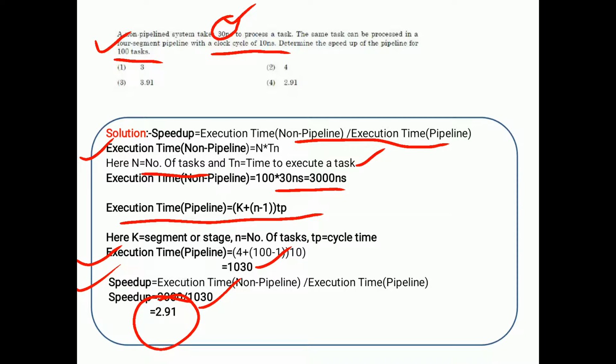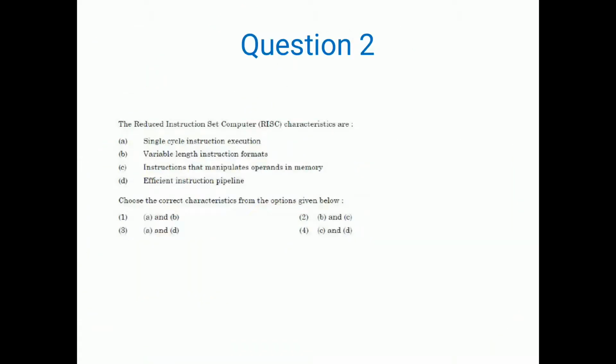According to the question the option will be D, that is 2.91. This is a very easy question; we only need to know the formula for the execution time of the non-pipeline and pipeline systems. So moving forward to the next question.